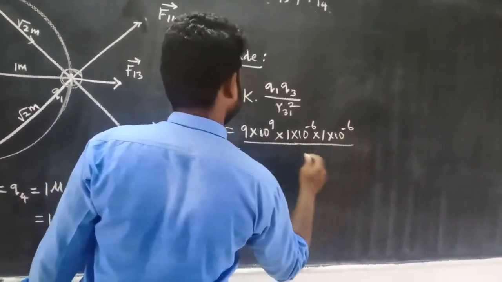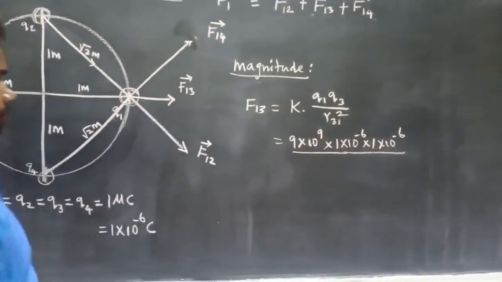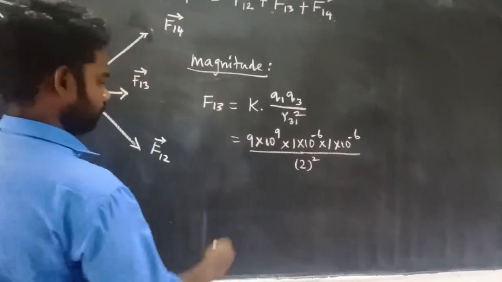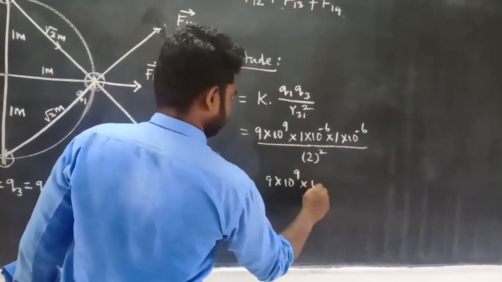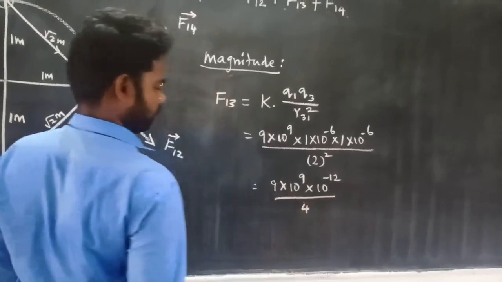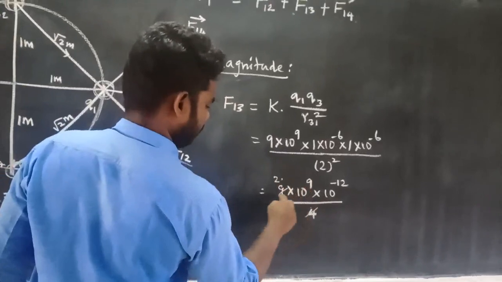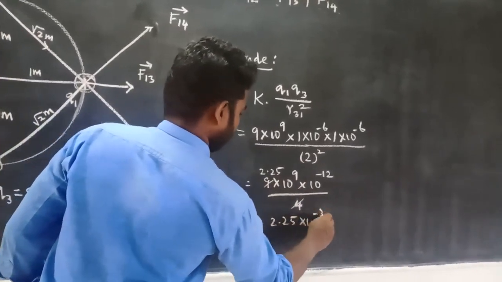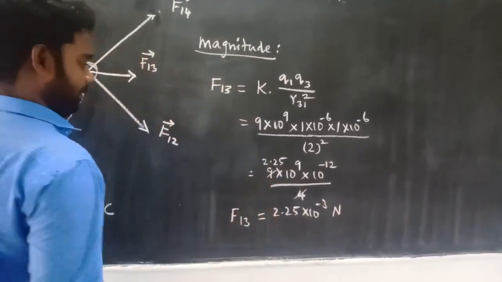Then the distance between the charges Q1 and Q3 is 2 meters. So 2 square is 4. So 9 × 10^9 × 10^-12 by 4, which is 2.25 × 10^-3 Newton. This is the value of F13.